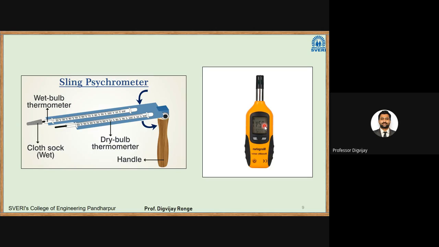So it will give you all the values, DBT, WBT, and RH, on this digital screen. In this, they use a humidity sensor and a temperature sensor. From that data, they interpolate and calculate the WBT, DBT and relative humidity.